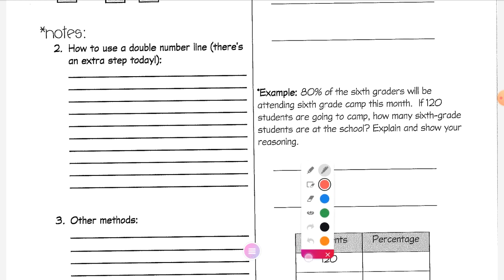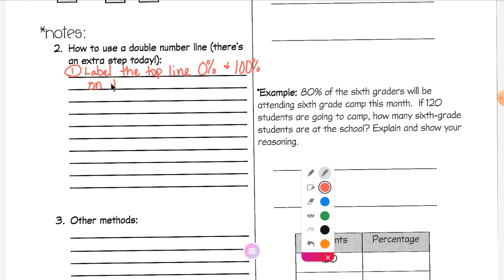Okay, step one is label. I'm going to not write down, draw two lines. If you're making a double number line, that's the first thing. Label the top line 0% and 100% on the ends.